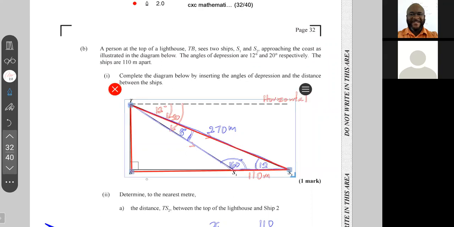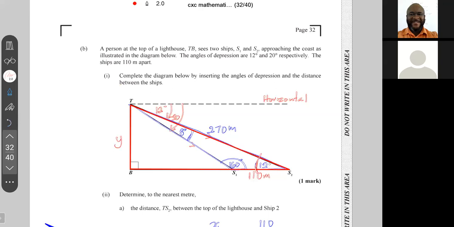I can't carry it to the next page. But I know that the angle here is 12. And the hypotenuse is 270 meters. Over here is what I want to find, TB. Let's not call it x, let's call it y because we used x already.